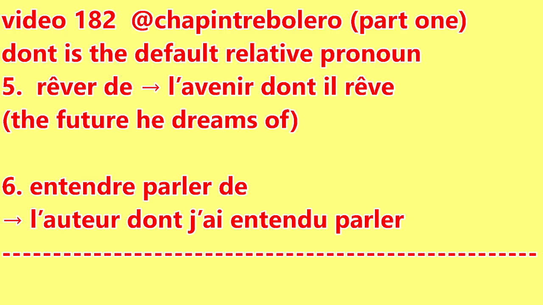Okay. On va continuer. Okay, let's do the next one. There are different verbs that take dont. So dont is basically the way that you would connect a subject to the verb that follows.